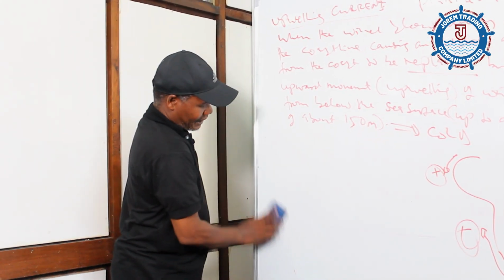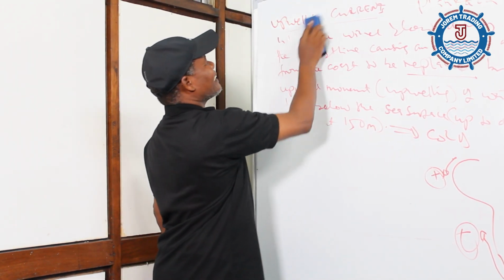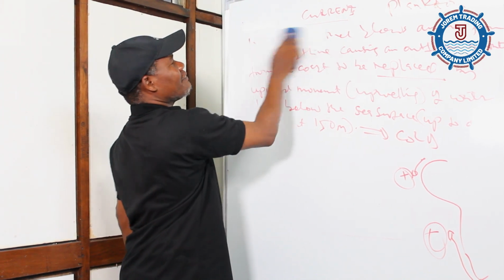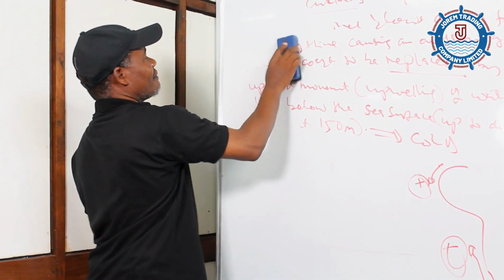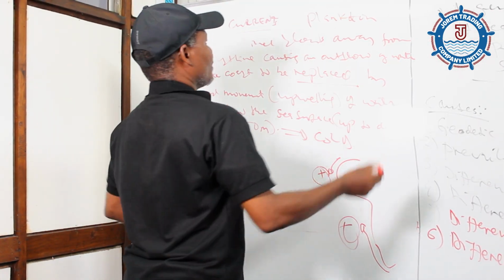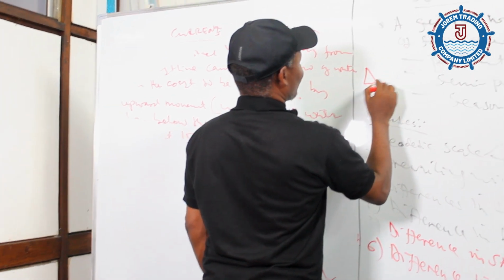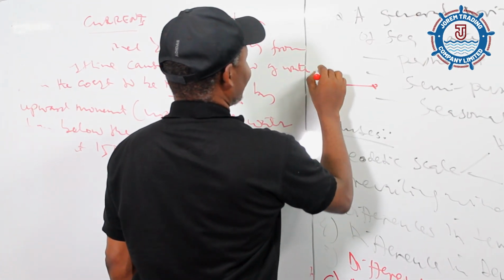Now the third one is gradient current. When we say gradient, it simply means difference in levels. That's why if somebody tells you to find the gradient, it means find the slope. If you have a triangle, what is this axis and what is that axis?